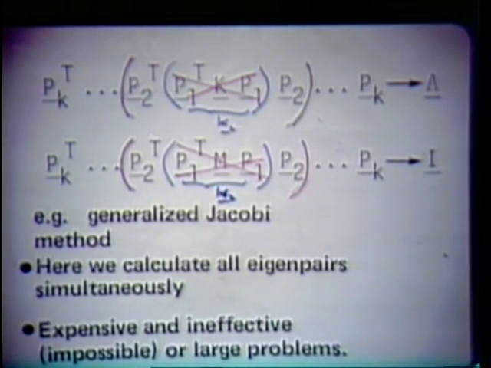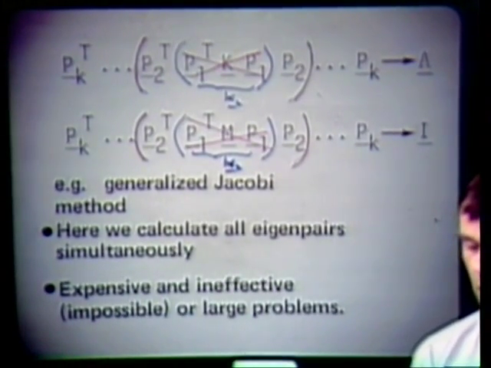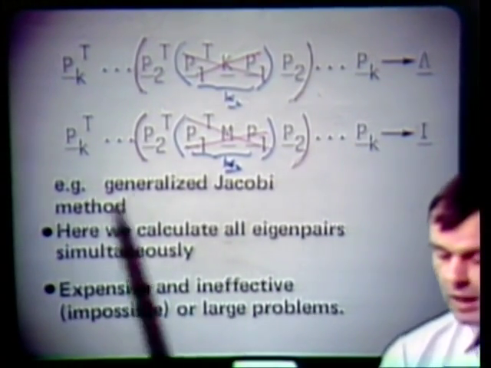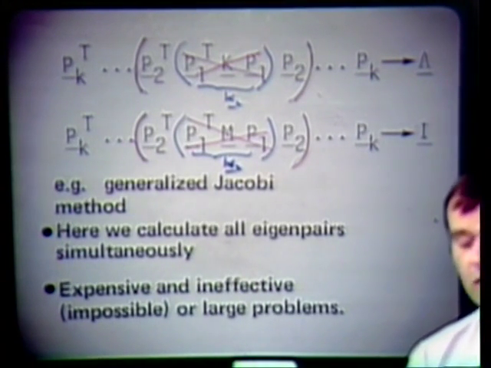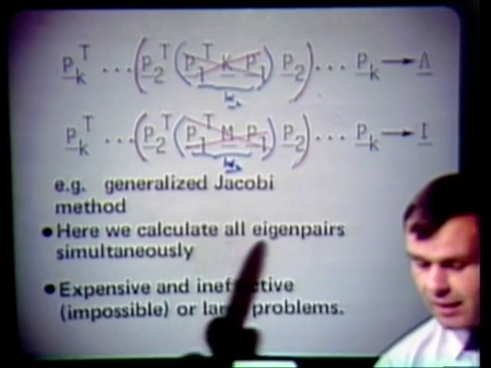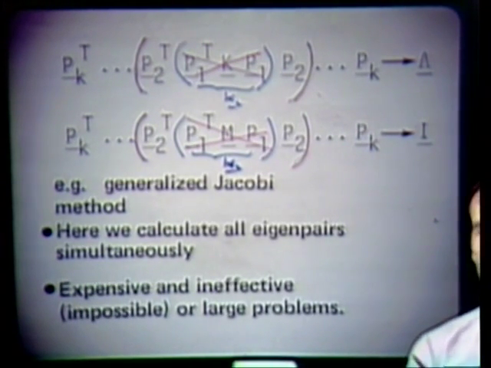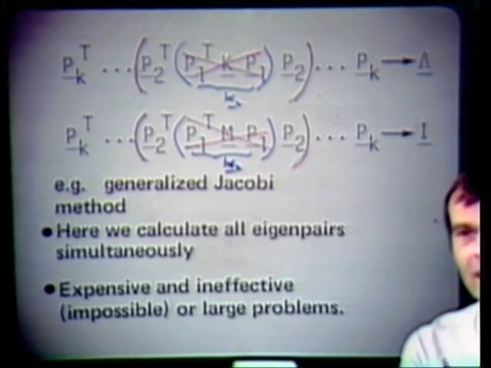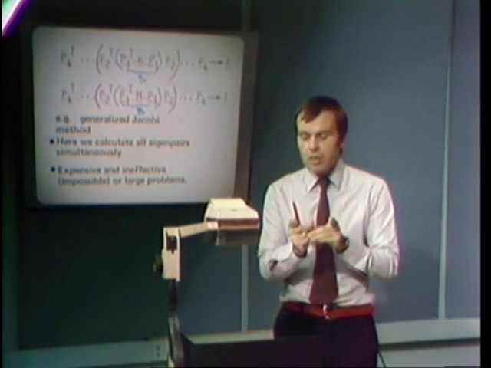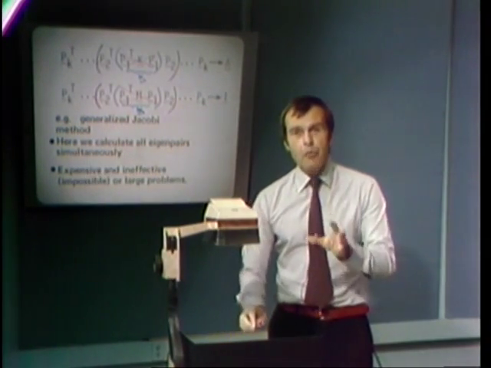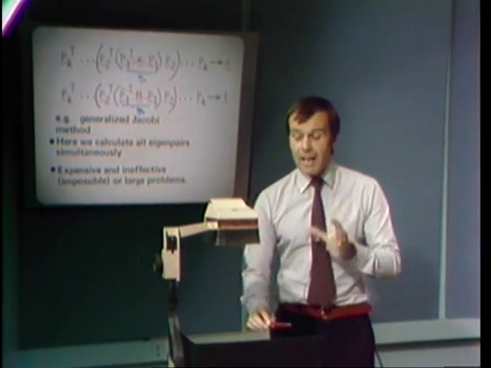There are other techniques that can also be used. Of course, this is a very common approach taken when we have M being equal to the identity matrix. However, the disadvantage of this approach is that we are calculating all eigenpairs simultaneously. In finite element analysis, we are only interested in specific eigenvalues, the lowest p, or a certain number of eigenvalues in an interval. Here, we have to calculate all of the eigenvalues stored in the lambda matrix and all of the eigenvectors.